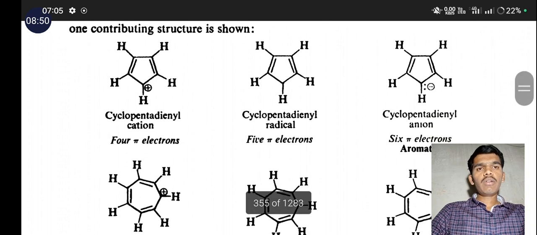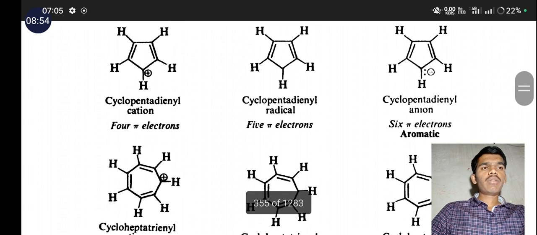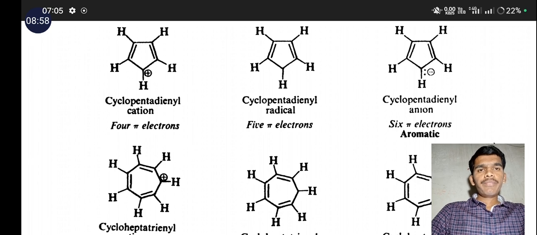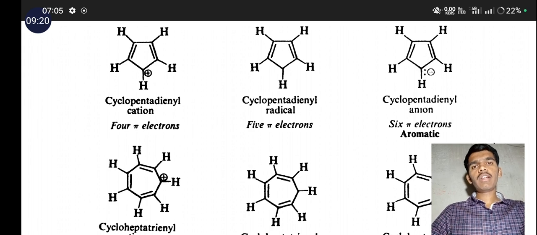So in a cyclopentadienyl cation, cyclopentadienyl radical, cyclopentadienyl anion, you can see these structures on screen. 4 pi electrons, 5 pi electrons, 6 pi electrons. Based on the Huckel rule of aromaticity, there is only one nucleus, and we can do maths. 4 into 1 plus 2, it will be 6 pi electrons that should be there, so that it will follow Huckel rule of aromaticity, and it will have the extraordinary stability of an aromatic compound.